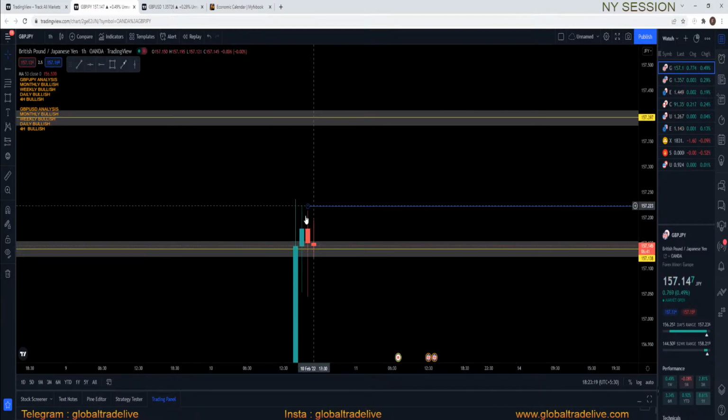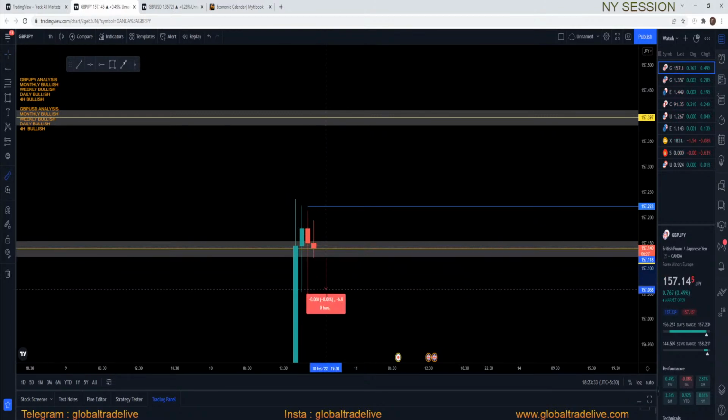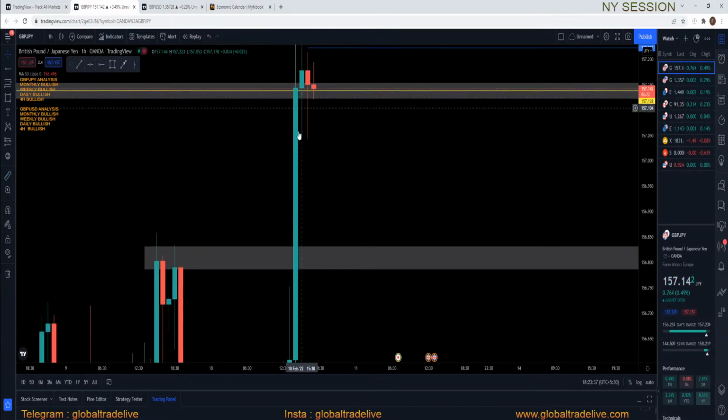The thing is, let's see how this 1 hour candle closes. After that, things might be getting more clear. Because if this 1 hour candle closes like a weak bullish and the next 1 hour candle creates a high and breaks the low, at that point it can come down to fill these wicks first, and then it can continue to move down to correct this clean range.